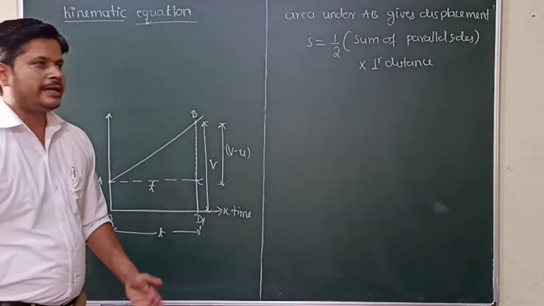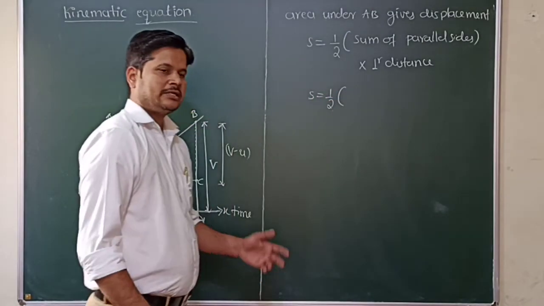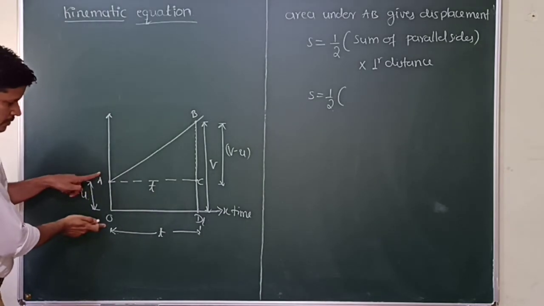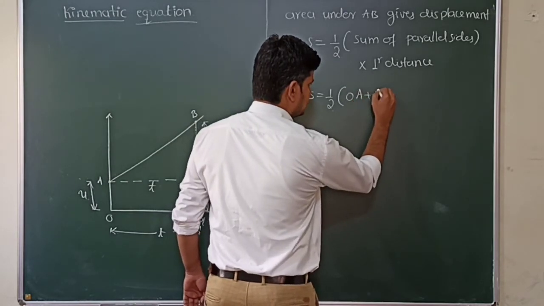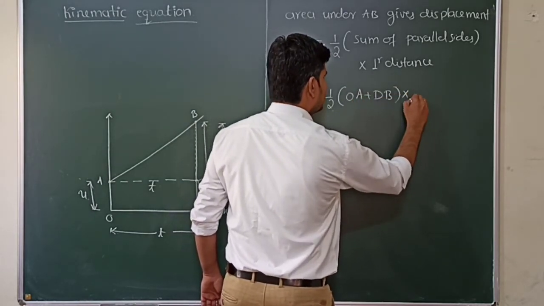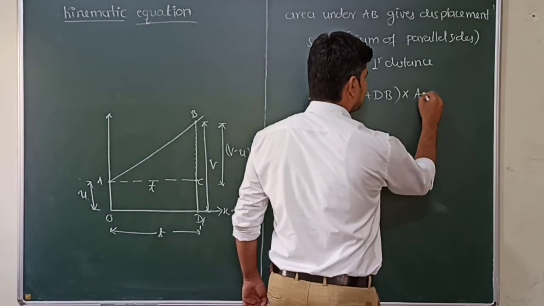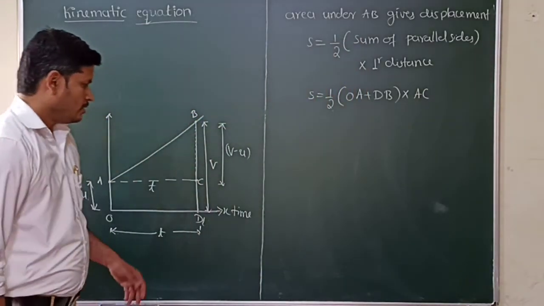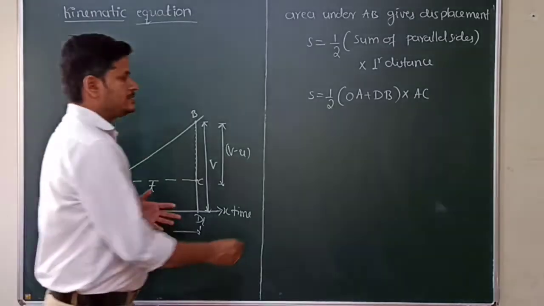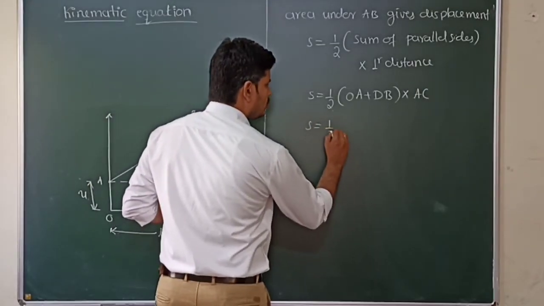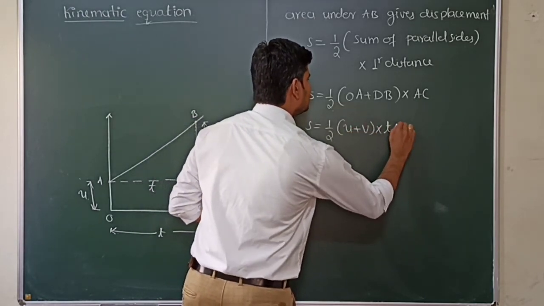Now s is equal to 1 divided by 2 into the bracket sum of the parallel sides, that is OA plus DB, into the perpendicular distance, which is AC. We know all the values of OA, BD and AC. Just s equal to 1 divided by 2 into u plus v into t.